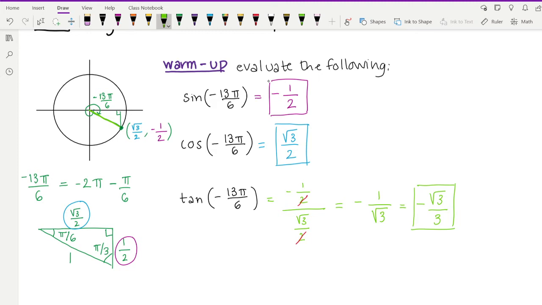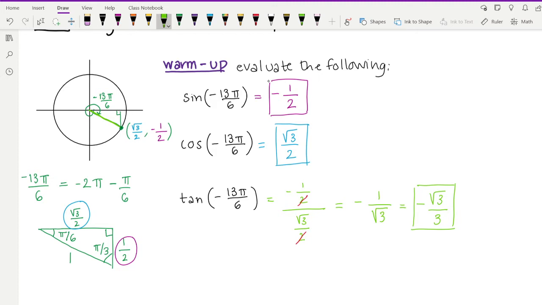But it is helpful just to do a quick check about whether it should be positive or negative. Looking at the slope of this terminal side, it's negative, right? It has a negative slope. It's going down from left to right. And that agrees with the fact that we found that tangent was negative. So that's one quick check you can do to make sure that you didn't make some kind of mistake with your signs earlier on.